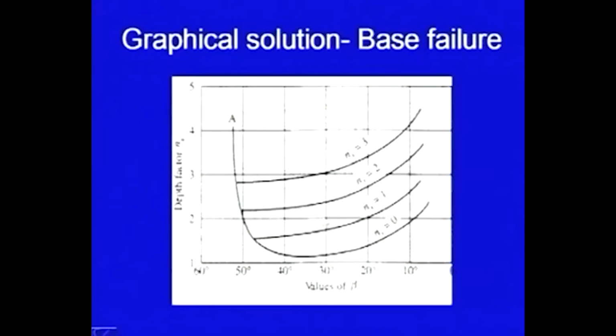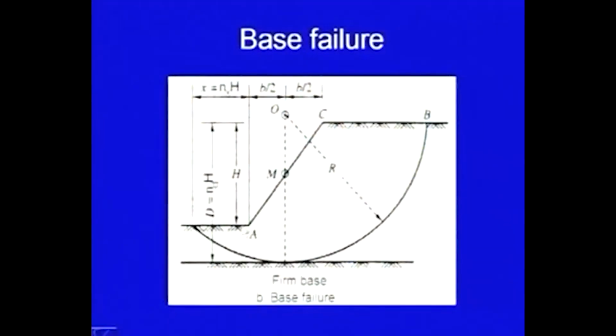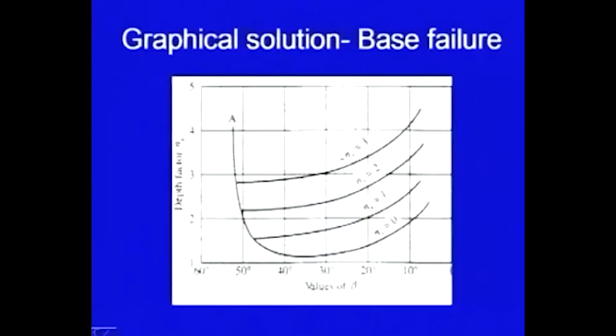Roughly, this curve is Nx equal to 1, this curve is Nx equal to 2. So, you can interpolate in between them to find Nx. Once Nx is known, you can find out how far away from the toe the circle is touching the ground, and then you can complete this circle.